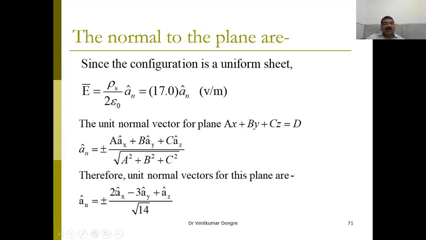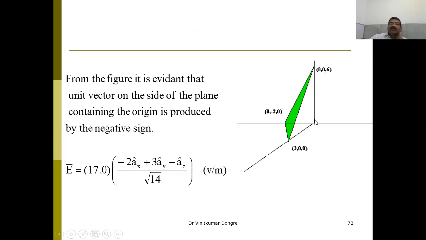This is the a_N. Now this a_N will be plus or minus. Why plus and minus? Because any plane will have two normal vectors. One is on this side, the right-hand side containing the origin. One is on this side.